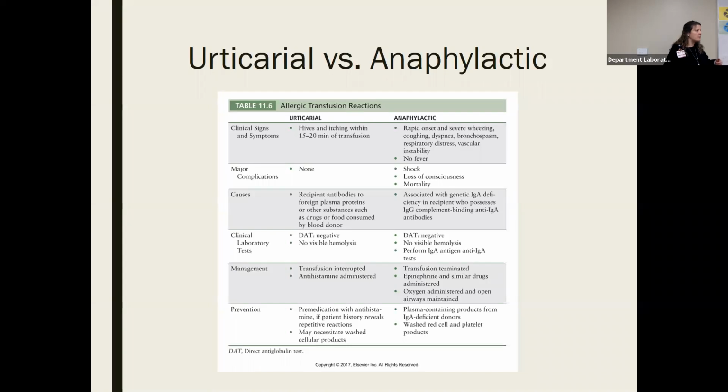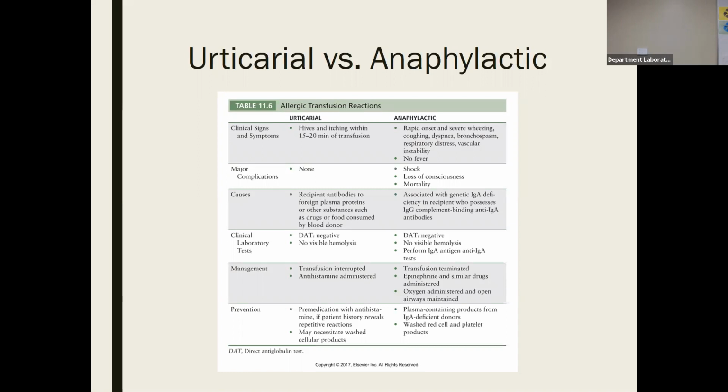So anytime you have a wrong ABO transfused or a delayed transfusion due to an antibody, your DAT is going to be positive. Notice in your allergic reaction, your DAT is negative. So that's one way blood bank will differentiate what type of transfusion reaction occurred.